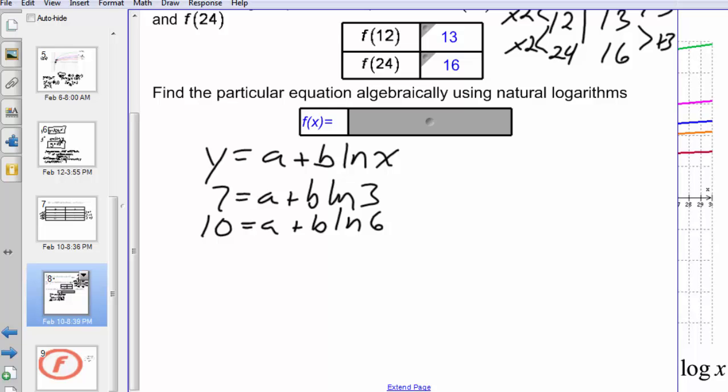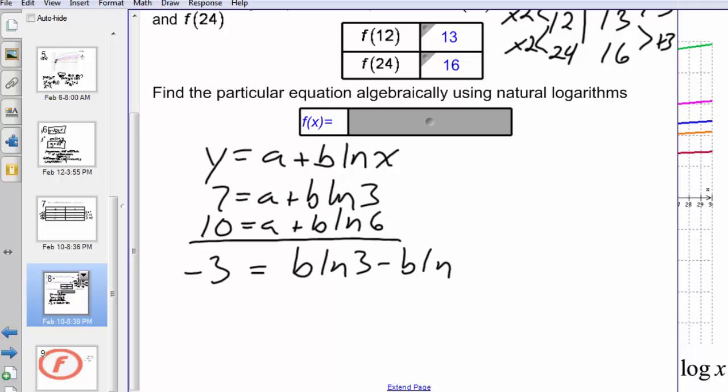So if I subtract on both sides, negative 3 equals b ln 3 minus b ln 6. Here I can factor out a b, so I have negative 3 equals b times the natural log of 3 minus the natural log of 6.